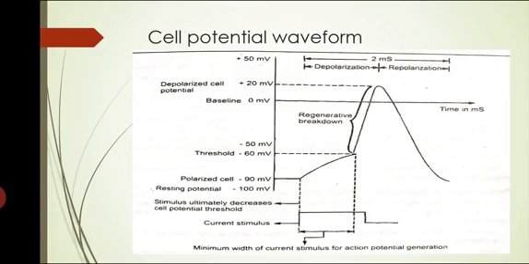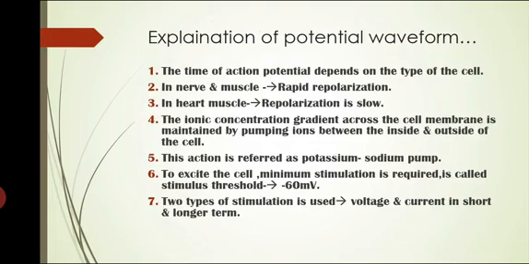Now we will see the cell potential waveform. The time of action potential depends on the type of the cell. In nerve cells or muscles, rapid repolarization occurs, and this duration is 1 millisecond.